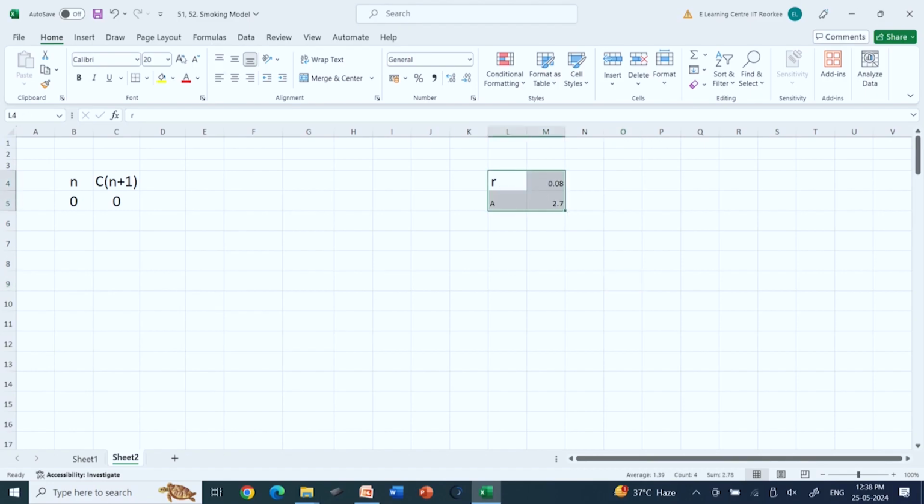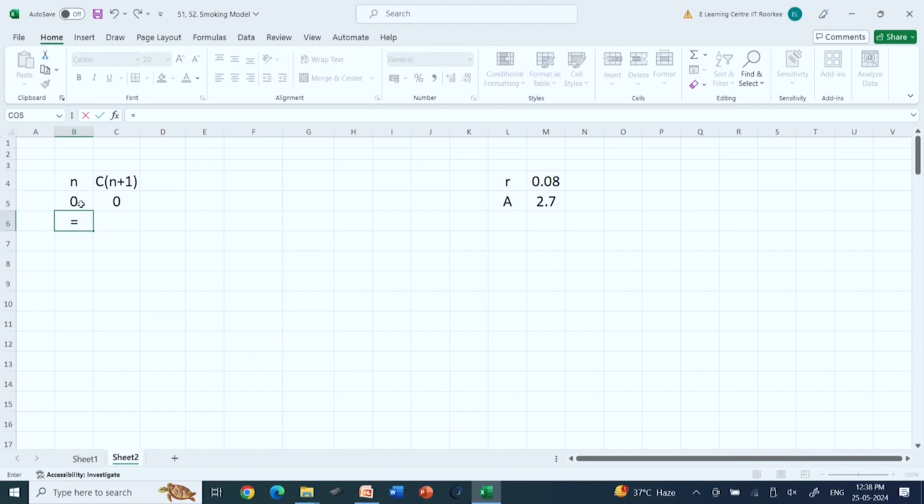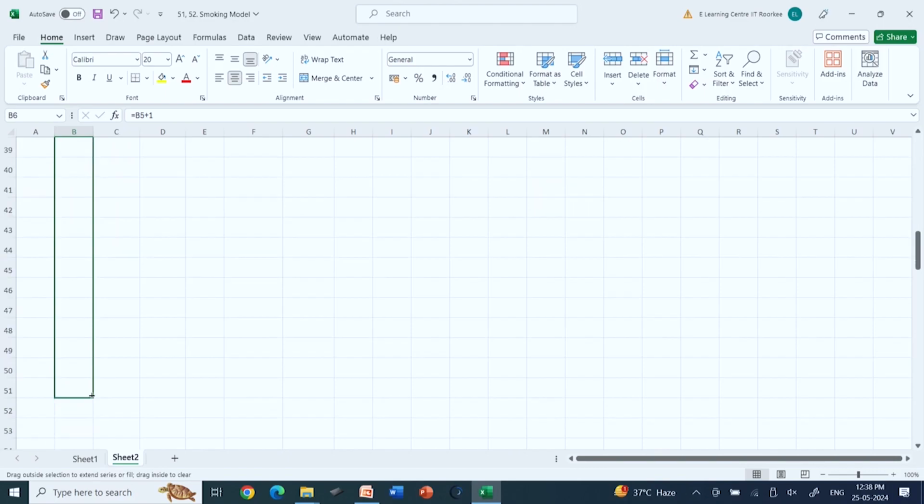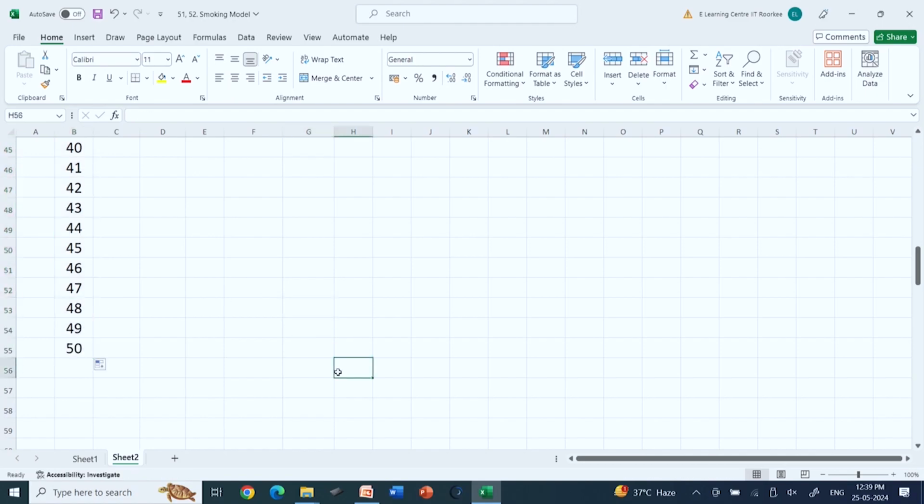So this is the N, the number of years, this is equal to 0 plus 1, and let me drag to a few values, say 50 of them.